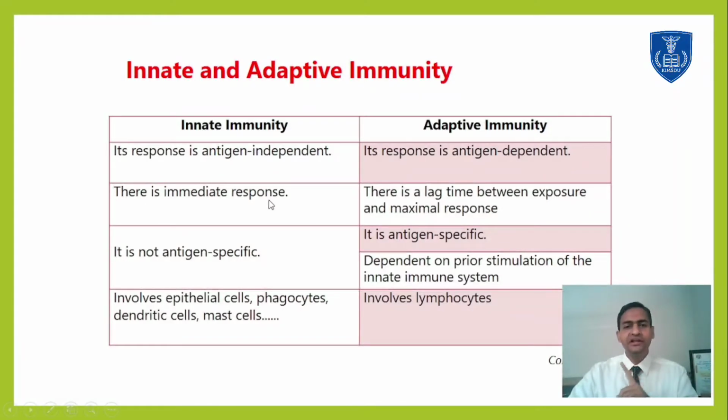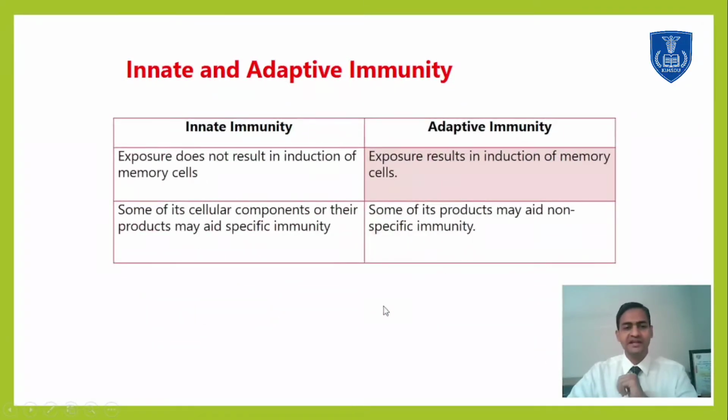Whereas in innate immunity, there is no role of memory cells. That's why all responses will be similar. Innate immunity works with the armory of epithelial cells, phagocytosis, dendritic cells, mast cells, and so on. Whereas adaptive immunity works with the help of lymphocytes.